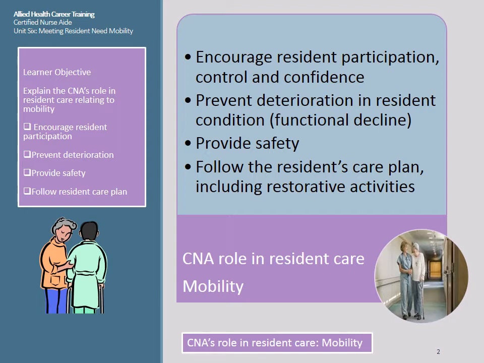Let's talk a little bit more about reasons for decline. Decline in function occurs for many reasons. Conditions such as stroke, falls, fractures, or even illness such as pneumonia can cause weakness and loss of function.